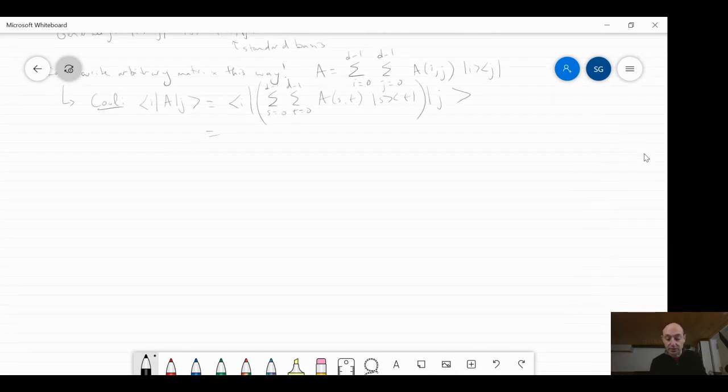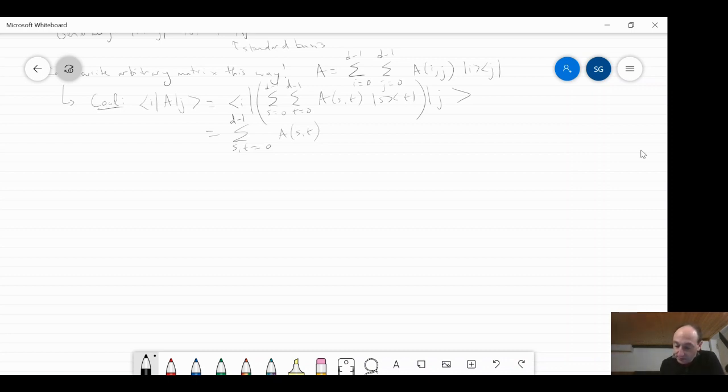What are you allowed to do? What are you not allowed to do? Okay, so here you have a sum, and we can bring the sum out. Let me just write both of these sums together for brevity. These are scalars, so they come out.